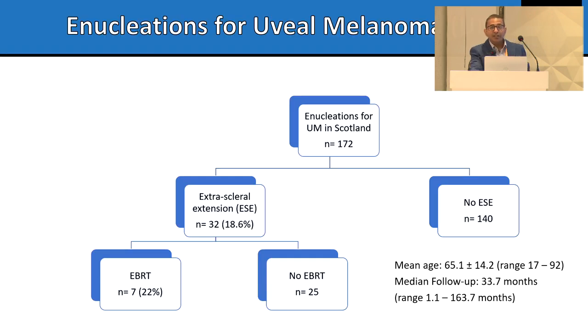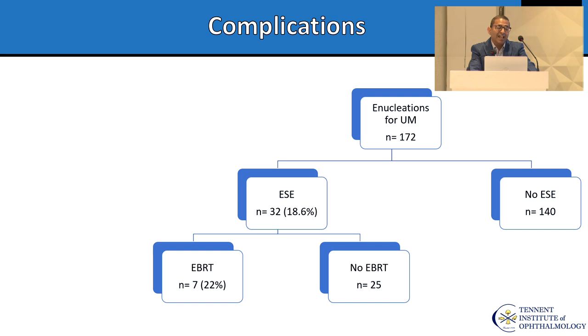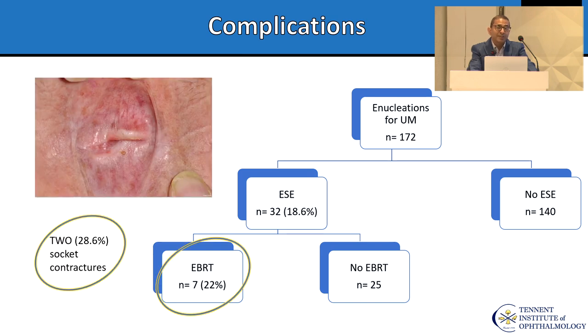So we looked at our enucleations for uveal melanoma in Scotland, and we looked at the patients who had extrascleral extension on pathology. This particular group, 7 out of these 32 patients had external beam radiotherapy. And looking at these 7 patients, unfortunately, 2 of them developed severe socket contractures. So that's a 29% complication risk, quite high.